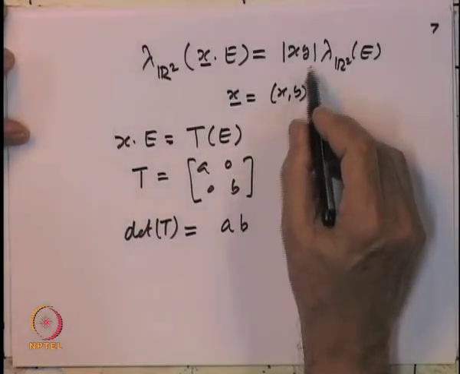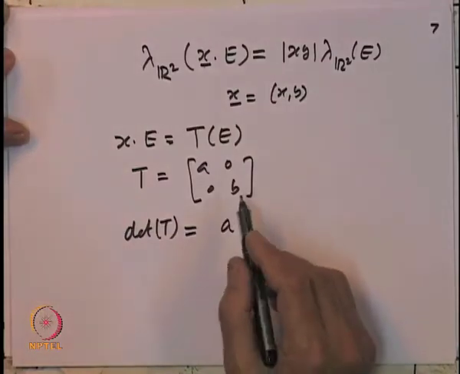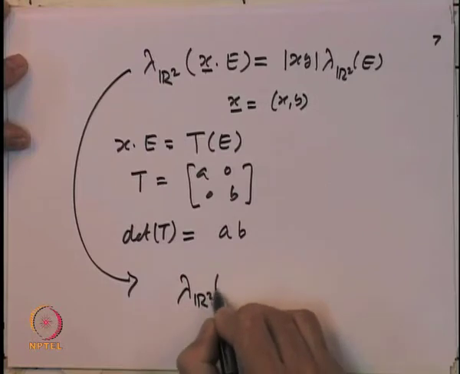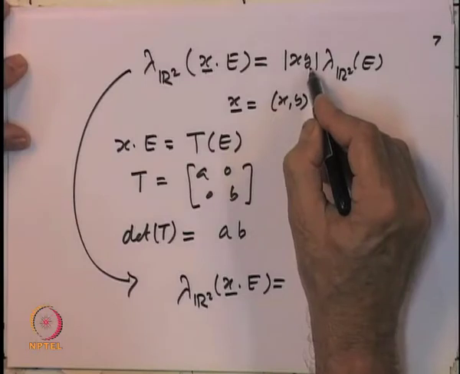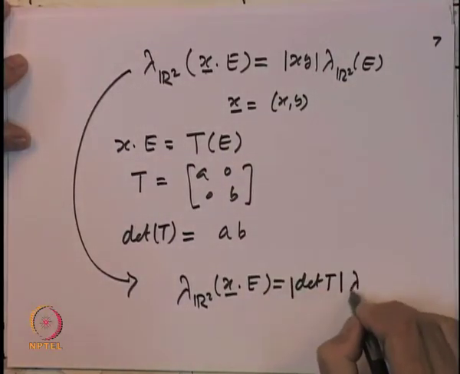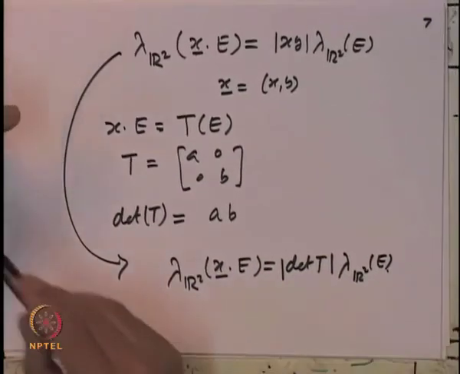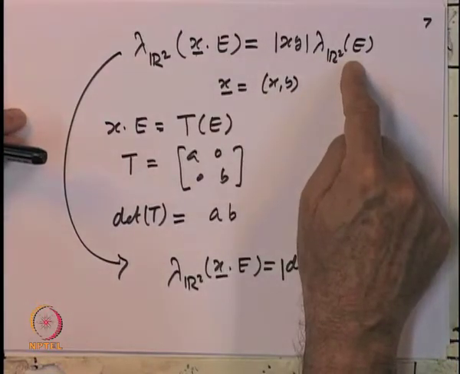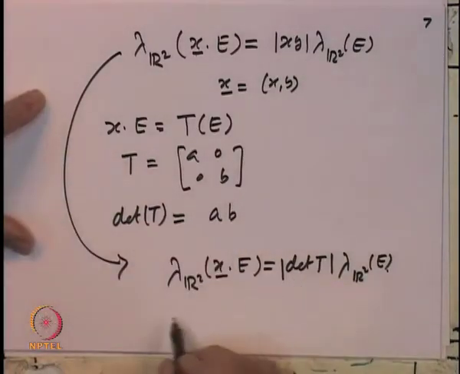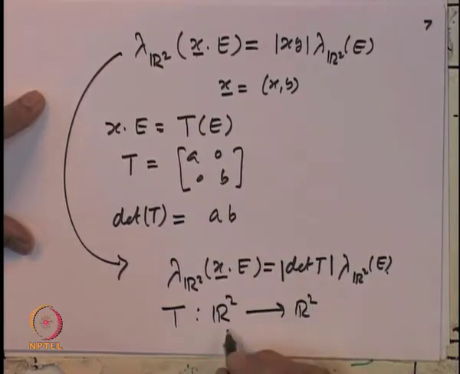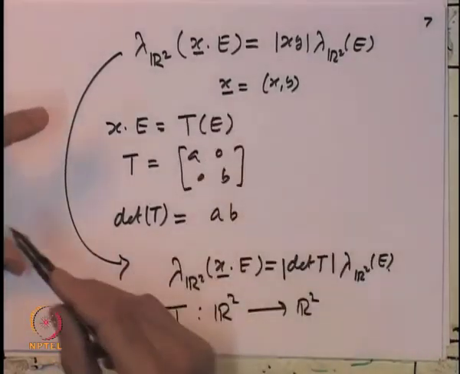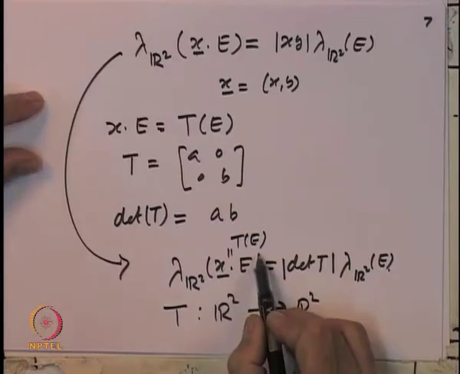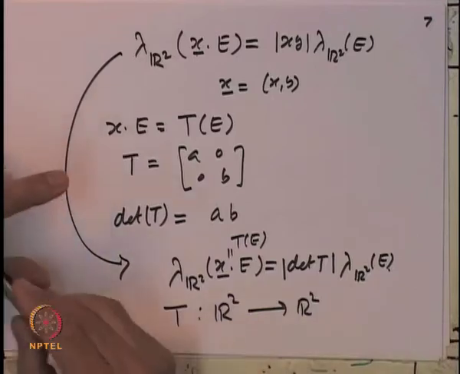So, the absolute value of x y, when you are multiplying by the vector with components x and y, is nothing but the determinant of T. This result can be interpreted as: the Lebesgue measure of x dot E is equal to the determinant of T times the Lebesgue measure of E. That is how the change in the Lebesgue measure under multiplication can be interpreted in terms of linear transformations: if we take the linear transformation T from R 2 to R 2 which gives this multiplication, then the Lebesgue measure of the transformed set T of E is the determinant of T times the Lebesgue measure of the original set.